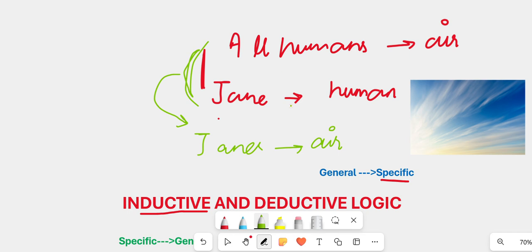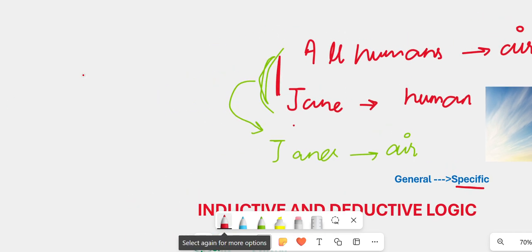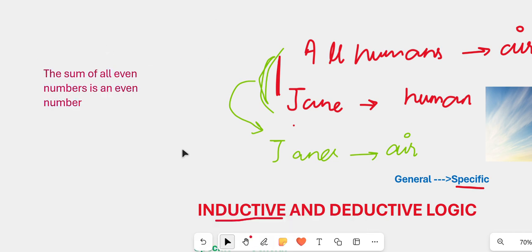Now, this type of logic is used in mathematics a lot as well. For example, we need to prove that the sum of all even numbers is an even number. So what will we do?